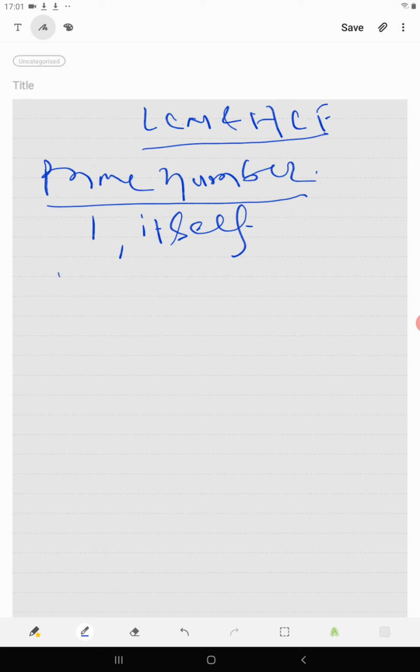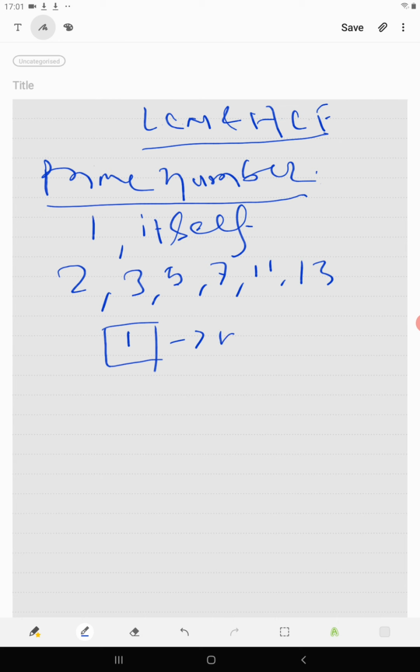Take examples 2, 3, 5, 7, 11, 13. Remember, 1 is not a prime number. So if someone asks you, is 1 a prime number? Say no. It will not have any other factor other than 1 and itself.